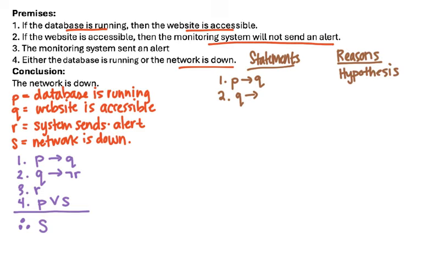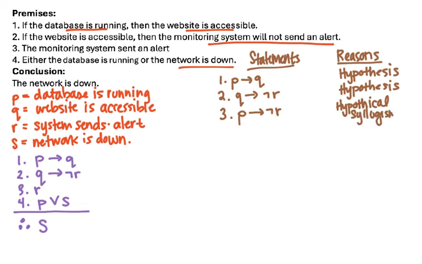Q implies not R. This is also a hypothesis, but I see a rule of inference I can use. Whenever you have 2 implications, P implies Q, Q implies R, you can actually skip that middle step and just directly say P implies not R, and this is called the hypothetical syllogism. We did an example with one of these, and we're basing it on steps 1 and 2.